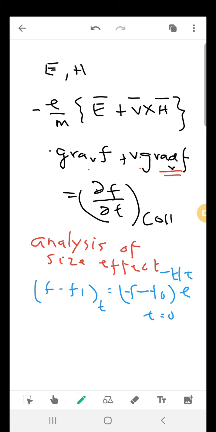That means, considering the relaxation time, you can have this equation where L is equal to V into tau, which we have already discussed.